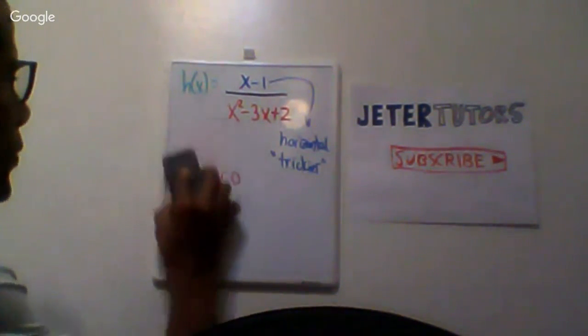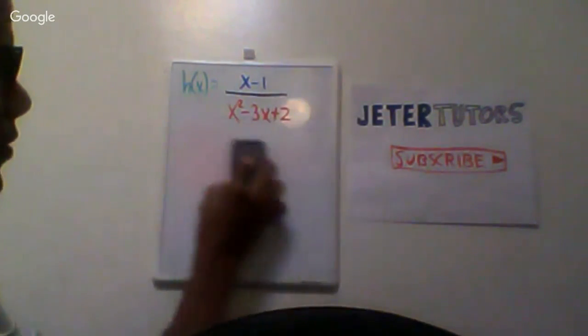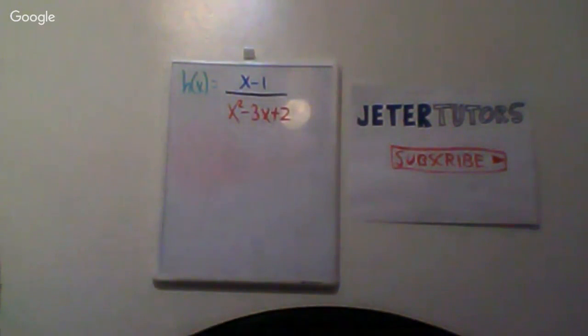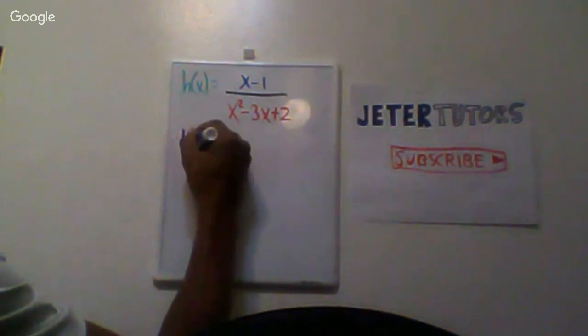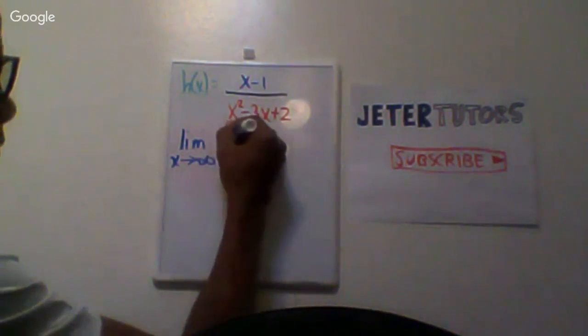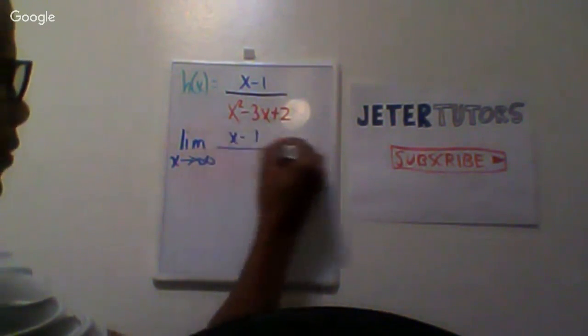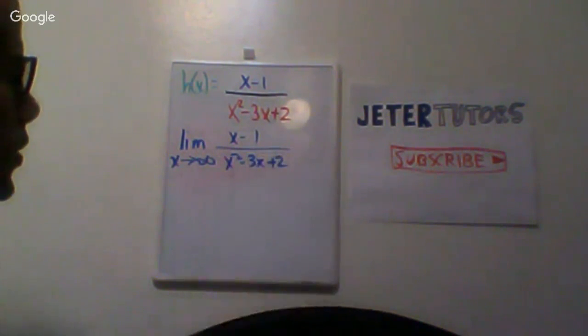This is what your teacher wants you to see: you want to take the limit as x goes to infinity of x minus 1 over x squared minus 3x plus 2.